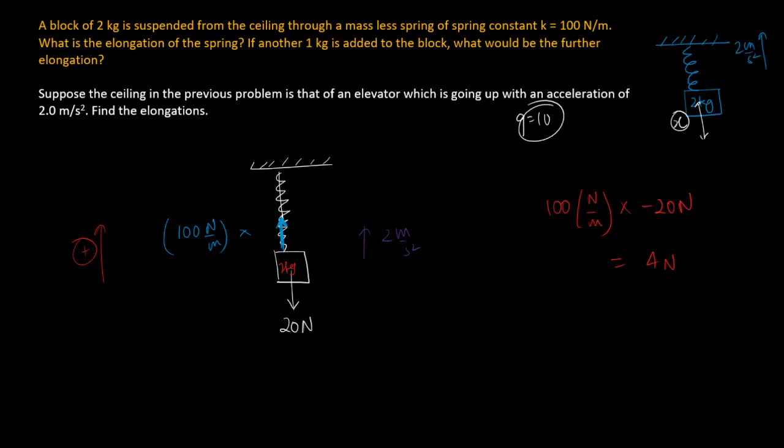From this, you get that 100 newtons per meter times x is equal to 24 newtons, and that gives you x equal to 24 over 100 meters.